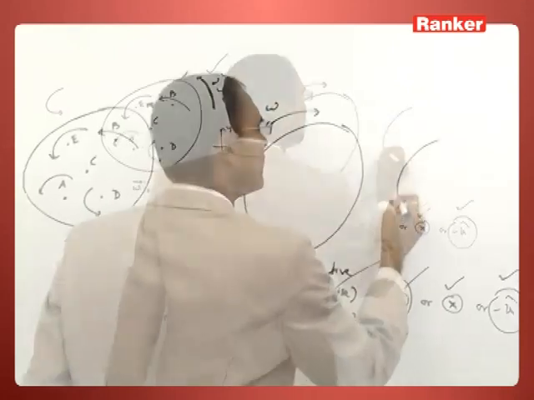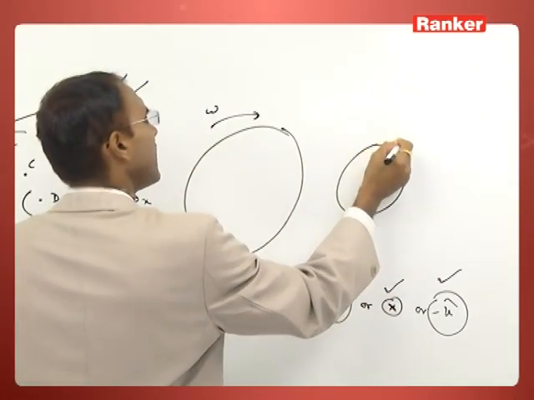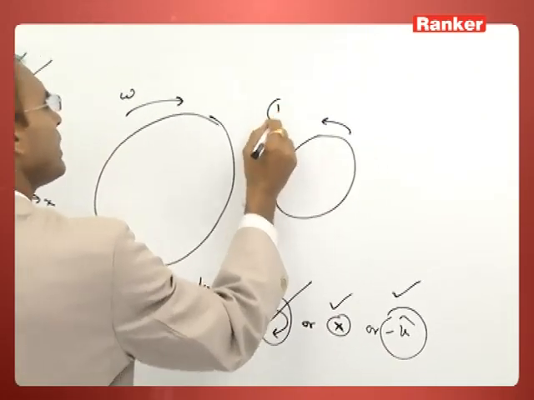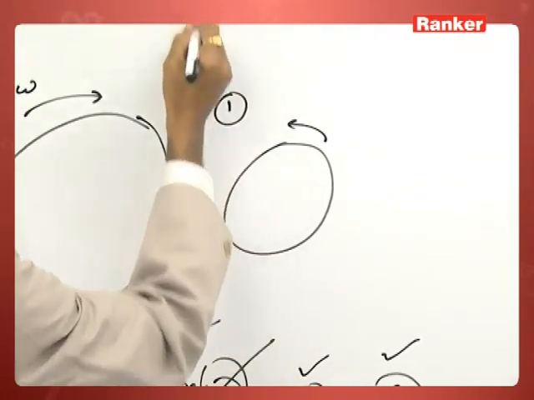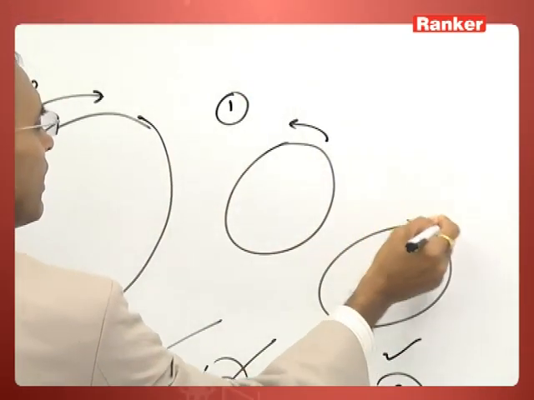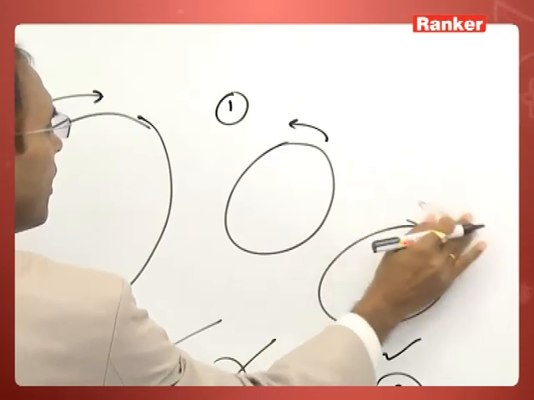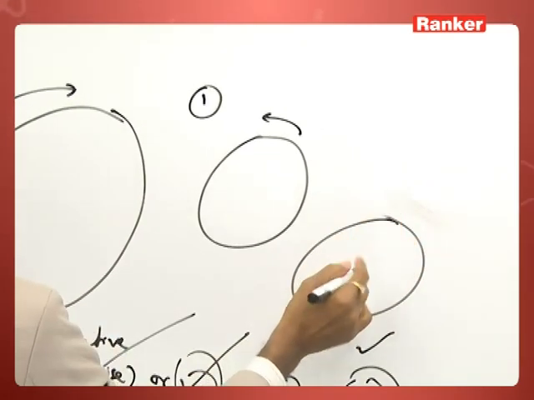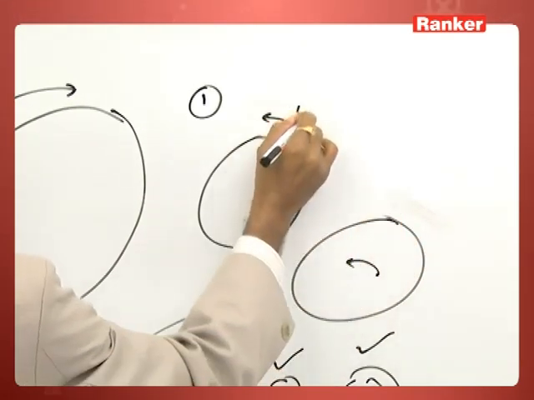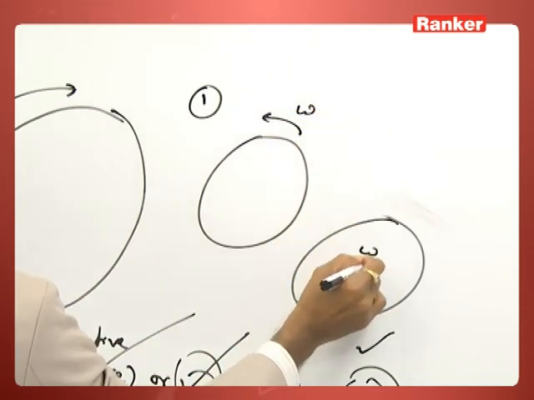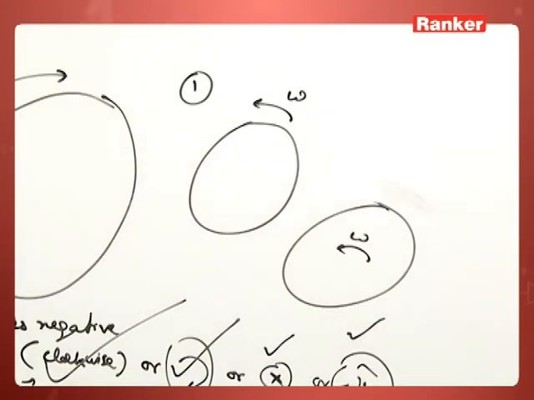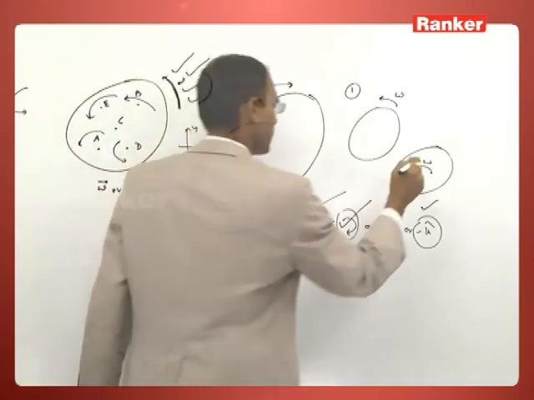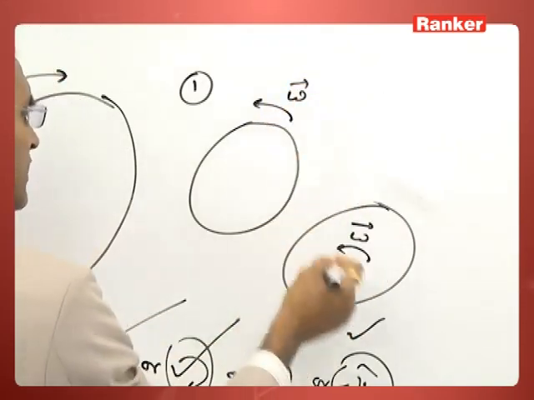For instance, this body rotates in anti-clockwise sense. This is one representation, and you can take this body moving in anti-clockwise sense. You can give omega with graphical and symbolic representation in this way.